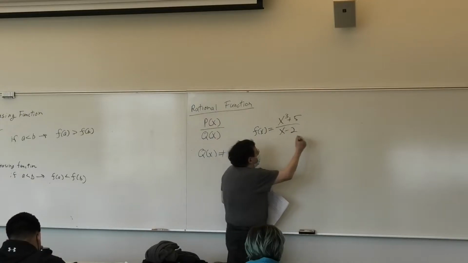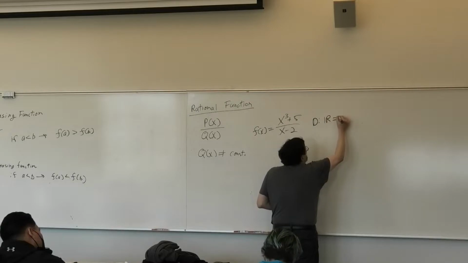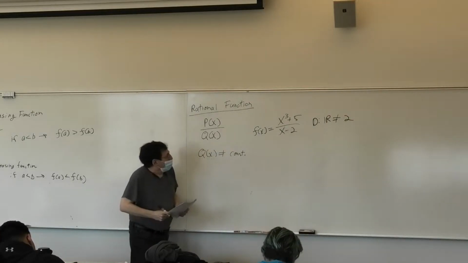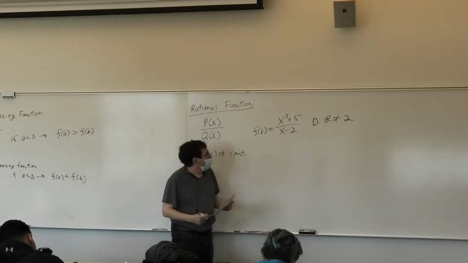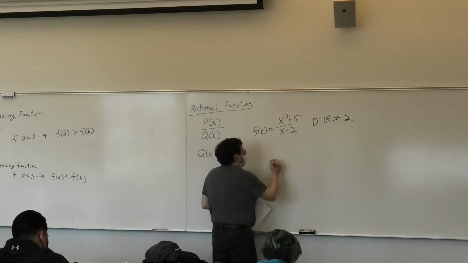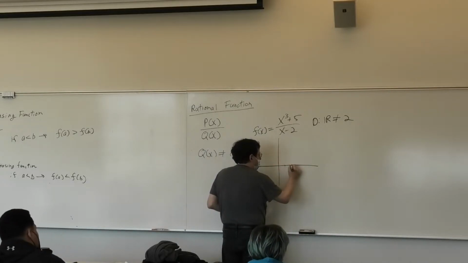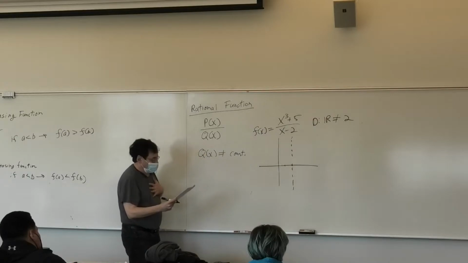In this case, all we have to do is say the domain is all real numbers not equal to 2. So when you're looking at a rational function like this, and you see a member of the domain missing, in this case 2, you're going to get an asymptote there.